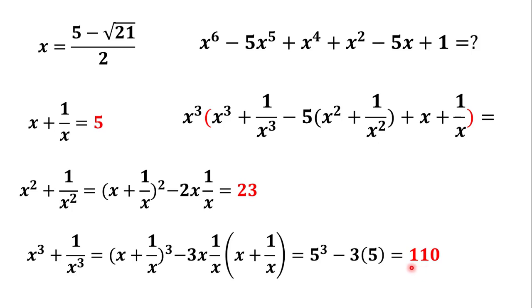Now we should put these numbers in our expression. x to the power 3 is ((5 minus square root of 21) over 2) to the power 3. x cubed plus 1 over x cubed is 110, x squared plus 1 over x squared is 23, and x plus 1 over x is 5.